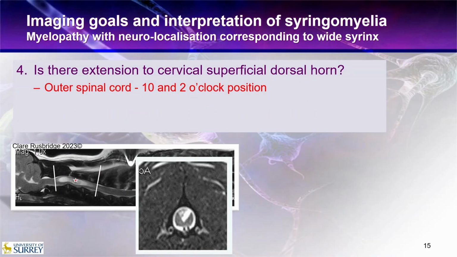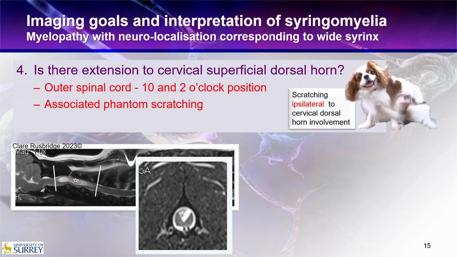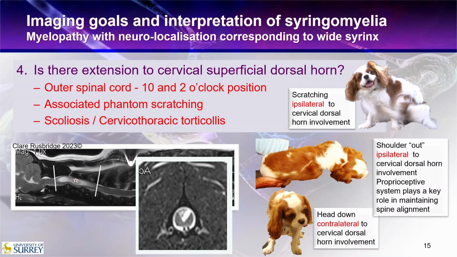Also look not just at the width, but also whether there is extension to the cervical superficial dorsal horn at the 10 or the 2 o'clock position, in the mid-cervical region here. Also in the other areas of spinal cord, but it's particularly important here because we associate that with phantom scratching, which is ipsilateral to that cervical dorsal horn involvement, and also with scoliosis, where the shoulder is out ipsilateral to the involvement and the head is down contralateral.